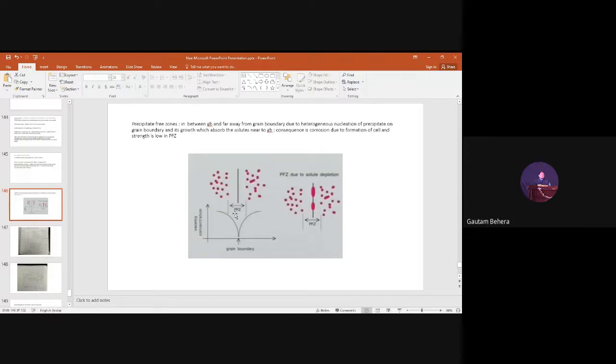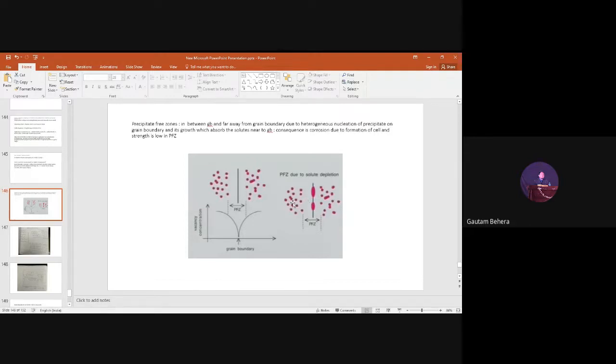So that is one of the consequences. If we have precipitate free zones, that area will have lower strength. Dislocations can easily move and fracture may happen in this area, right? And what else may happen? Corrosion may take place. Why may corrosion take place? Because this area is depleted of precipitates, but the neighboring area has precipitates, so a galvanic cell may form. Due to the different nature, a galvanic cell may form and galvanic corrosion will start.